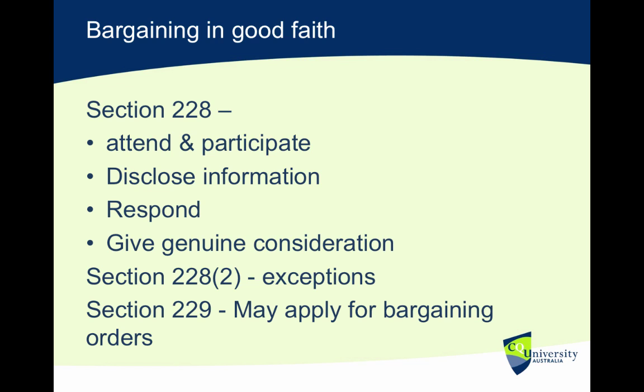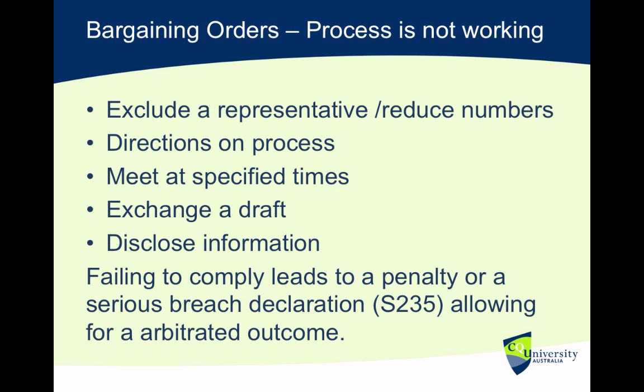What will happen, though, if you are too intractable, is that one of the parties may apply for a bargaining order, and that might be something that you want to avoid. A bargaining order happens when the process is just not working.